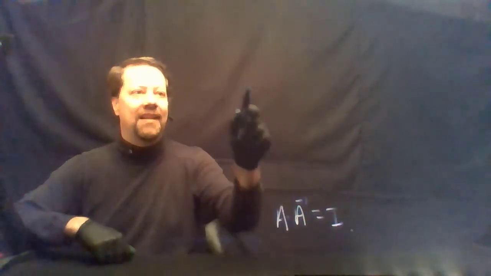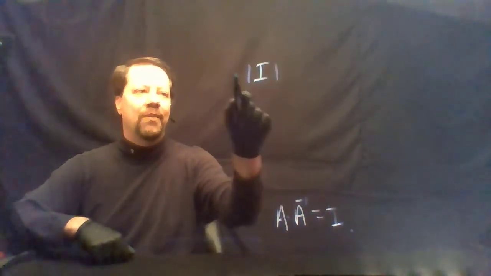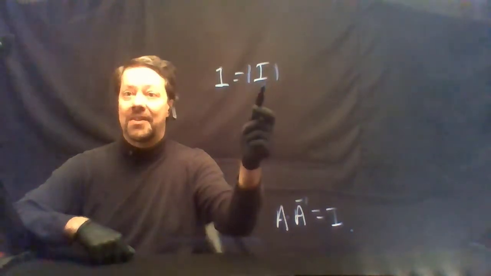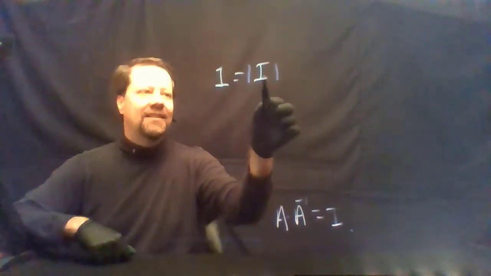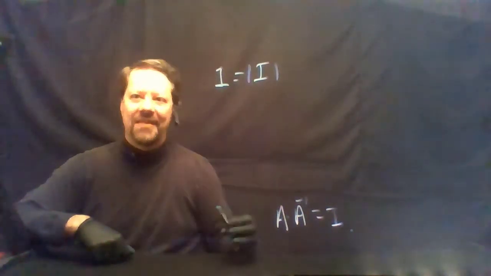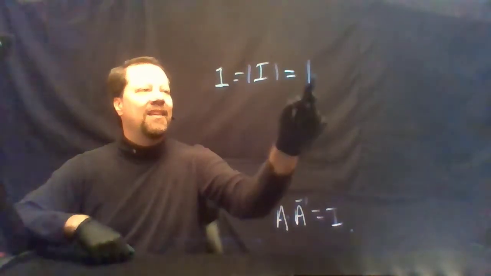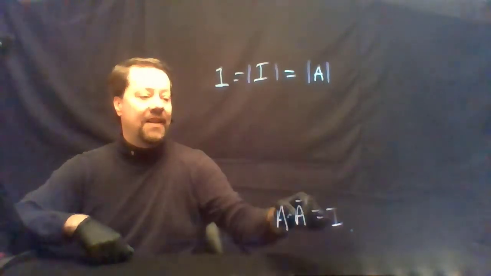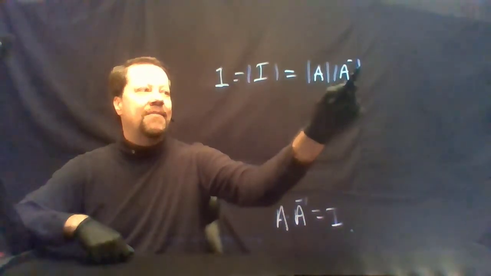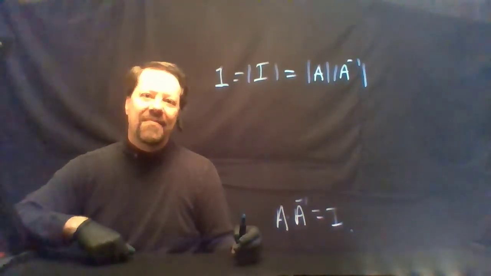It follows then that the determinant of I, which is 1, it's triangular, it's diagonal, so the determinant is the product of the diagonal elements, is the determinant of A times A inverse, which is the determinant of A times the determinant of A inverse.